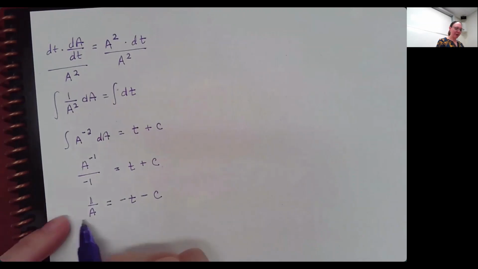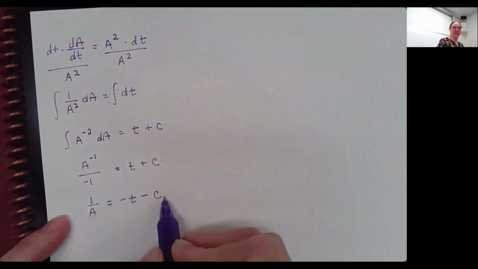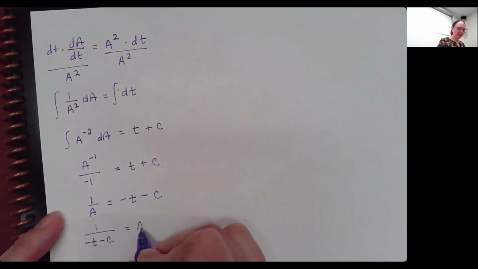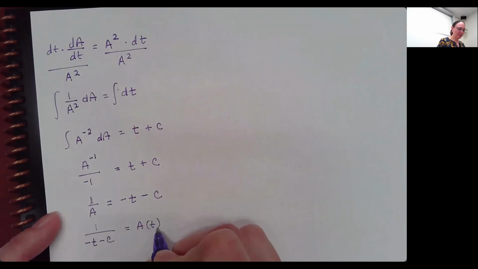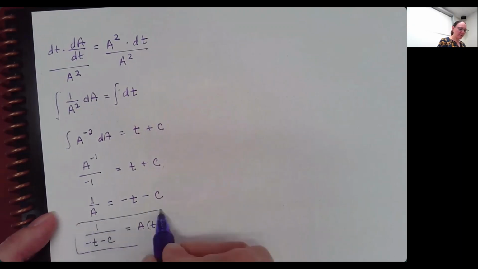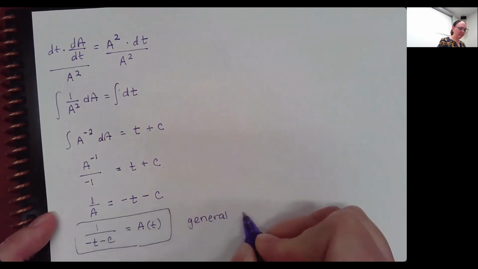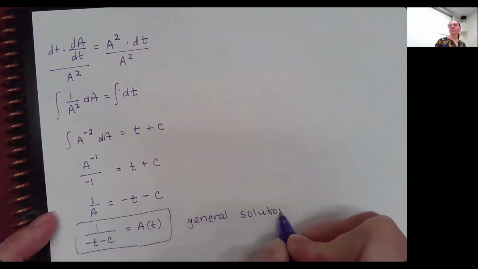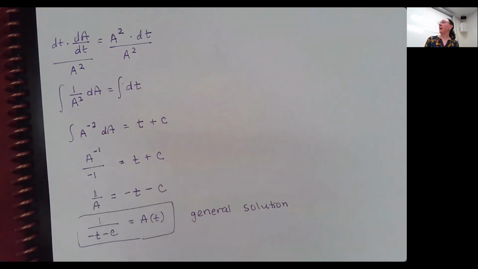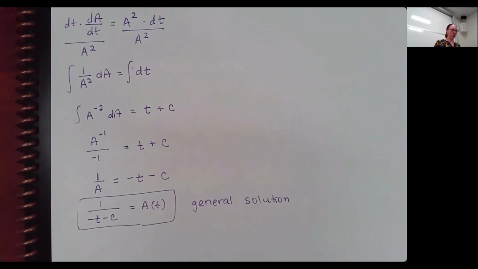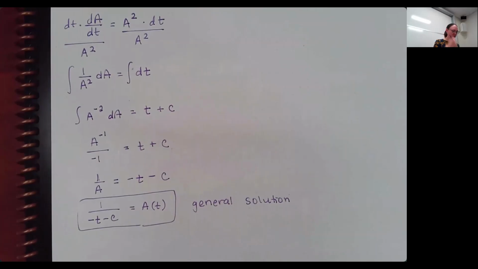And if I multiplied by a and divided by this whole piece, I would have 1 over negative t minus c is equal to a, which is now a function of t. So this would be referred to as my general solution, because I wasn't given an initial condition that would allow me to solve for the constant c.